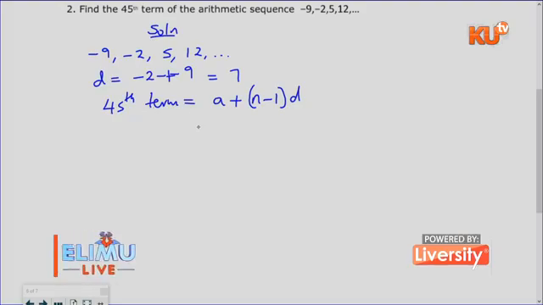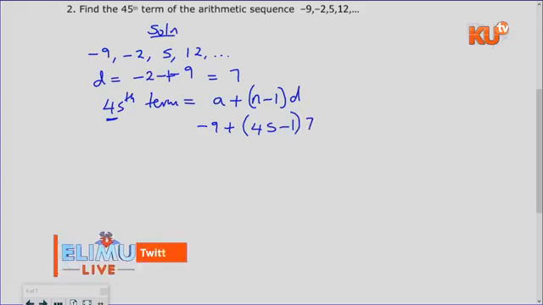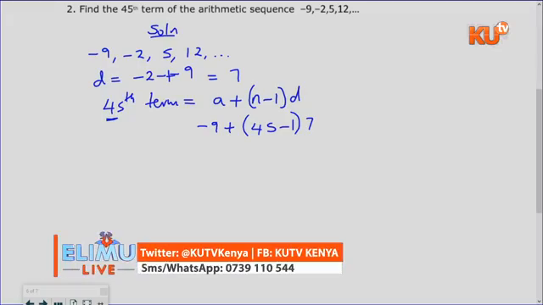So I'll have -9 plus N. The value of N is given by the number of terms you're looking for. So we write 45 minus 1 times the common difference, which is 7. So you have -9 plus 45 minus 1 times 7.